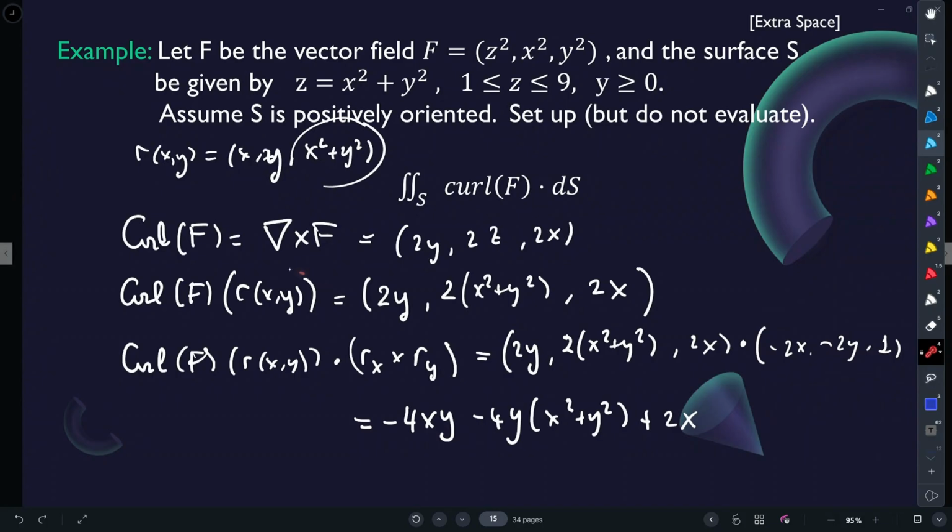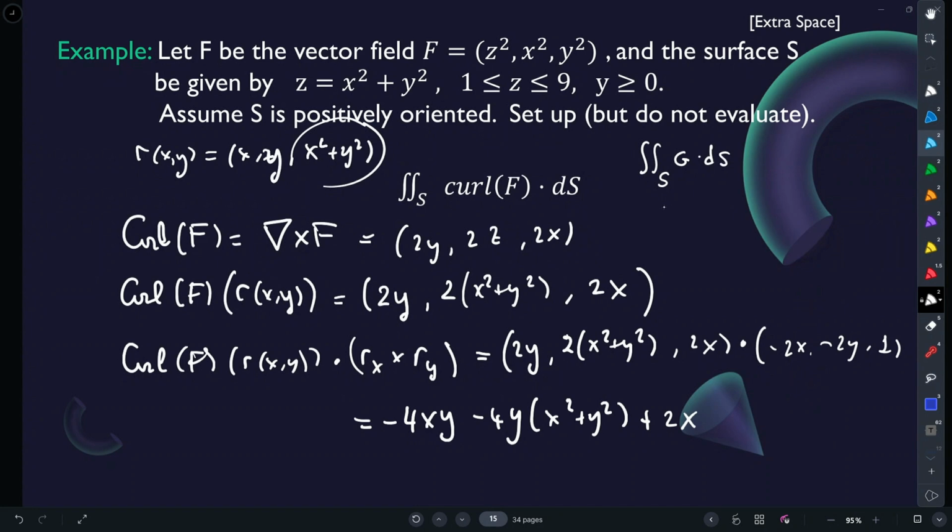Why do I keep making it more complicated? So when we are integrating, let me say I'm integrating, for example, over a surface some vector field G dS, okay?